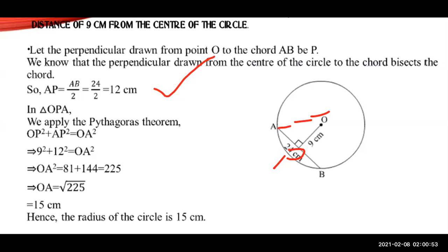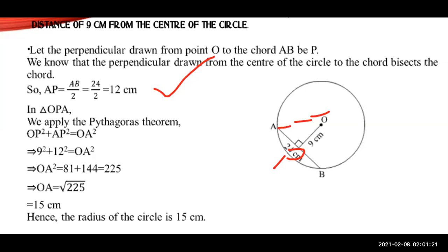Now OP is how much? 9. So 9 square plus AP, that is 12 square, equals OA square. Next, 9 square is 81. 12 square is 144. We add 81 plus 144 and we get the answer 225.